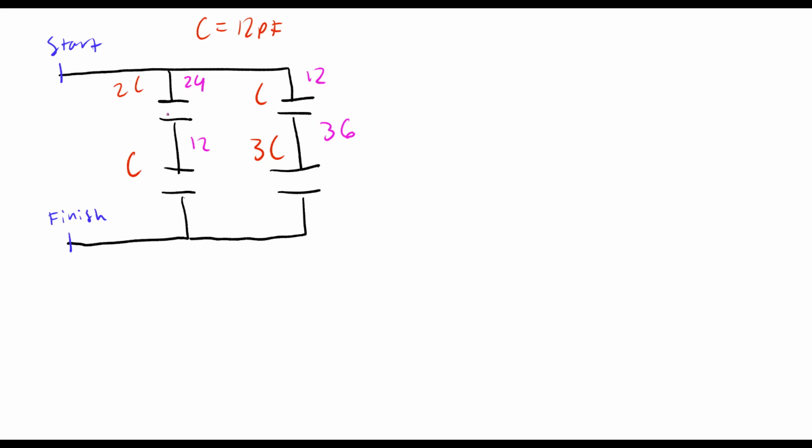Whenever capacitors are in parallel, C parallel, instead of doing 1 over C, you're actually going to do C1 plus C2. So it's going to be 24 plus 12. So this whole circuit is going to condense down to 24 plus 12, which gives us 36C.